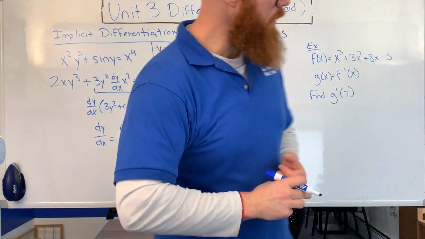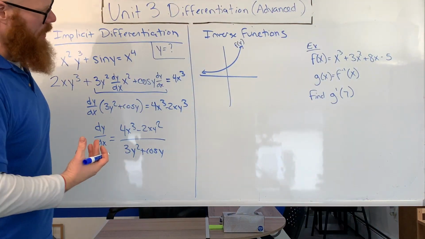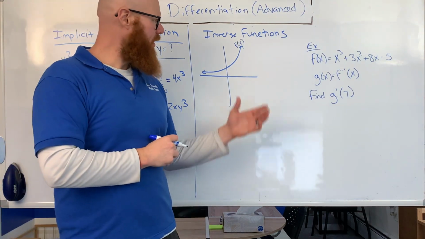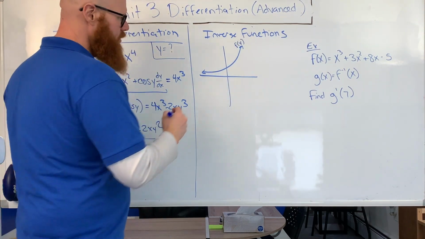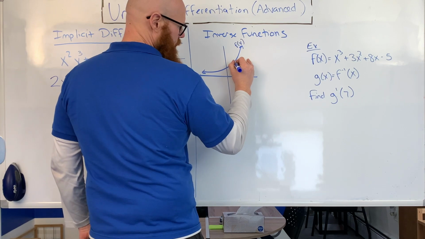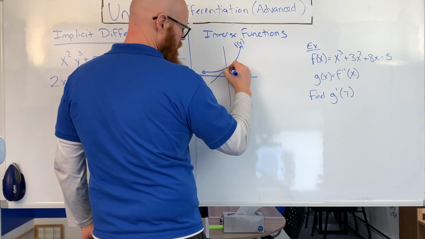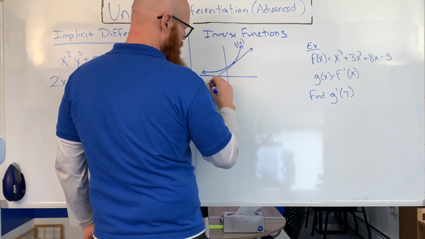Okay. So the next topic that I want to talk about is inverse functions. So let's look at this graphically. Imagine we have a point here, and we want to find the equation of the tangent line. Or, sorry, the slope of the tangent line.